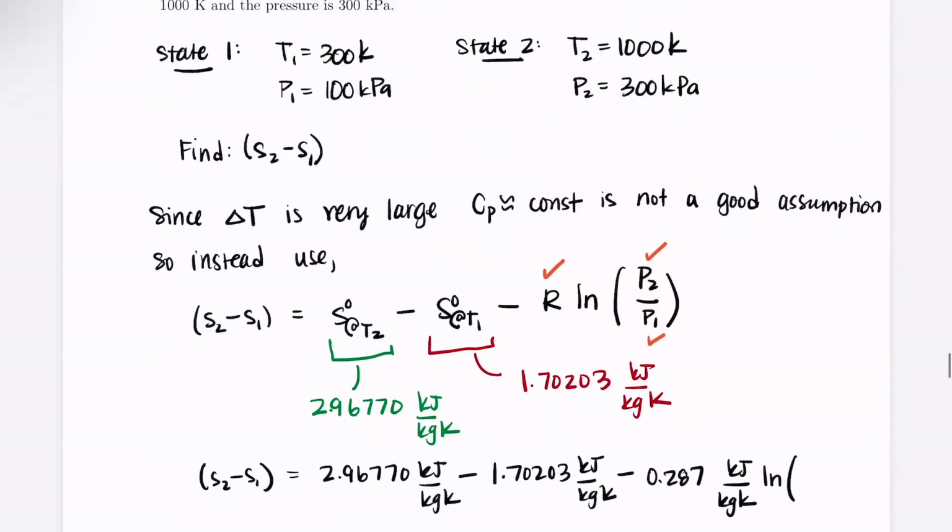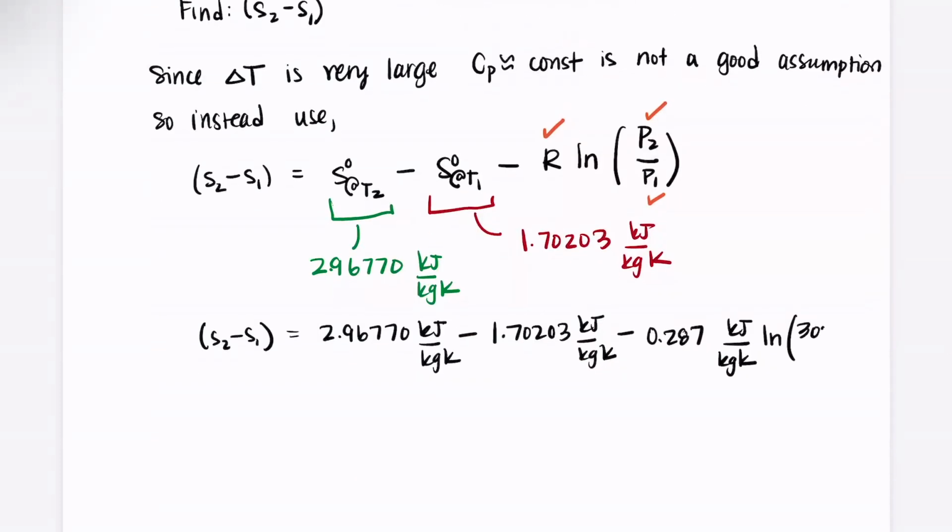So our pressure ratio is 300 kPa over 100 kPa, which gives us 0.9504 kilojoules per kilogram K.